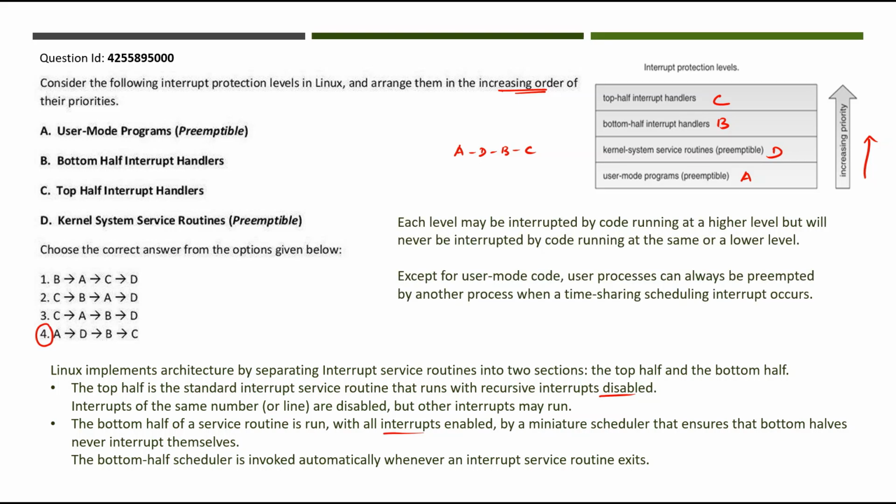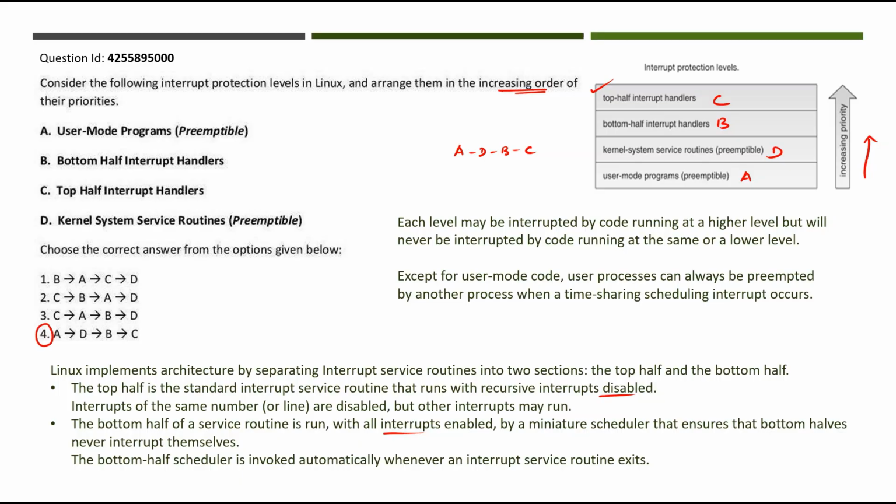Each level may be interrupted by code running at a higher level but will never be interrupted by code running at the same or lower level. So when you take increasing priority, this will be the most prioritized part. Here they say every level will be interrupted by code running at a higher level.